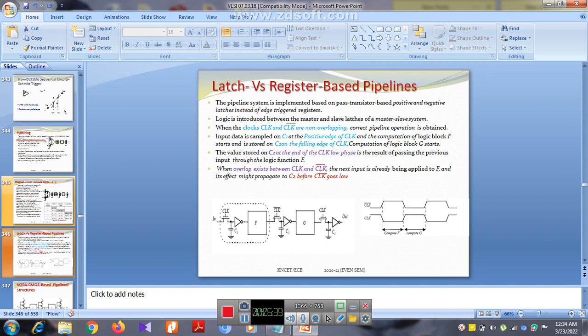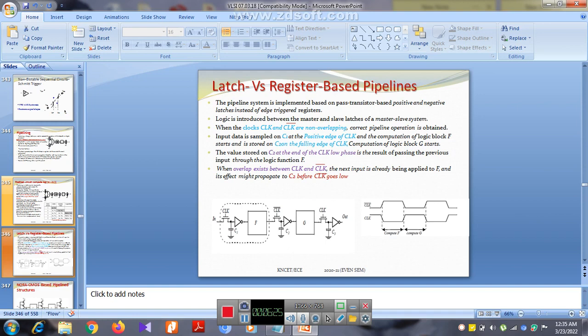When overlap exists between clock and clock bar, the next input is already being applied to F, and its effect might propagate to C2 before CLK bar goes low, so that the pipeline operation does not work correctly.